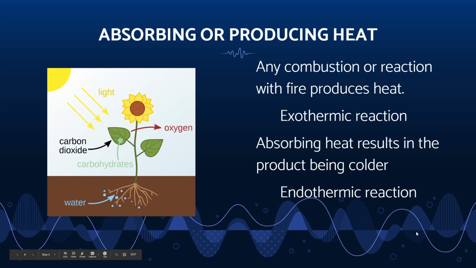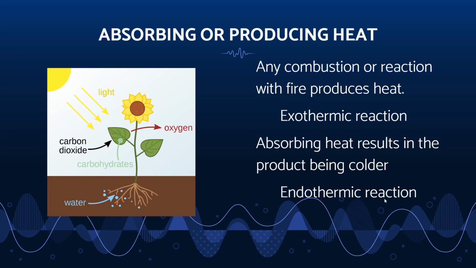And when something is producing heat, the reaction is said to be exothermic. The first part of that word says exo, and the second part says thermic. So it's making heat go on the outside. Exo means to exit. The opposite is absorbing heat.